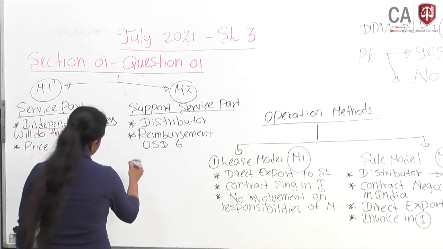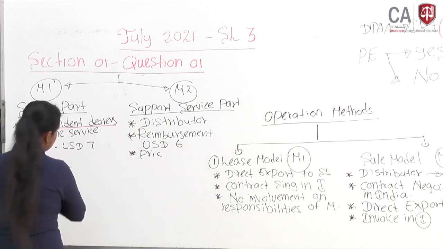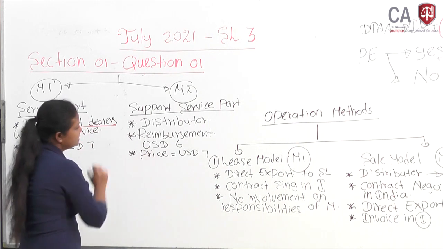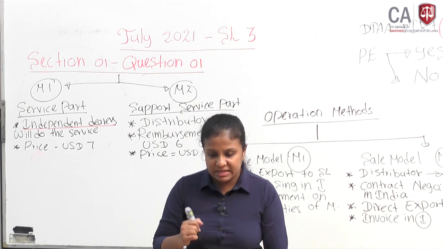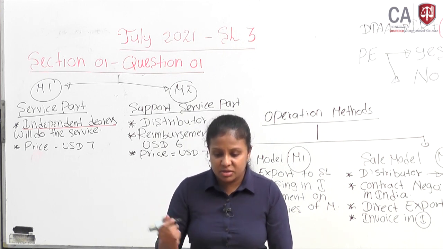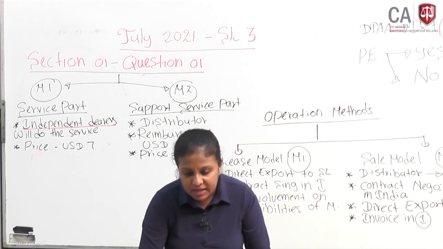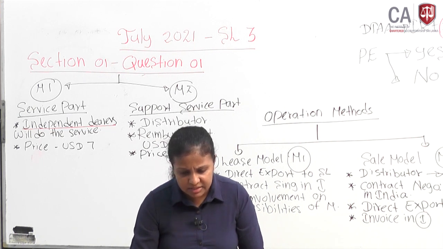Now the distributor is charging the customers an invoice value of $7. So there is a $1 profit. The distributor will be provided detailed instructions and manuals to provide the support services and will be prohibited from providing these services to other customers in Sri Lanka.